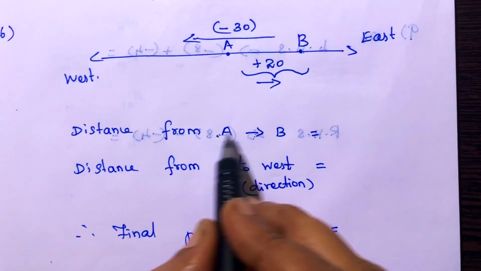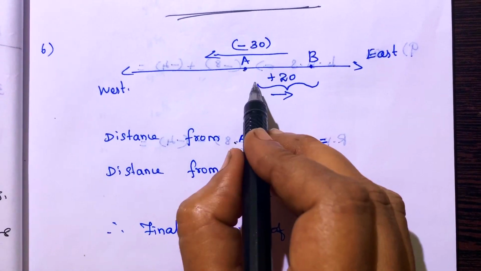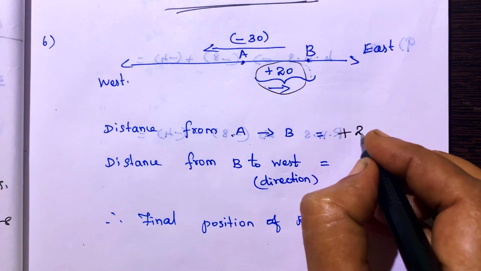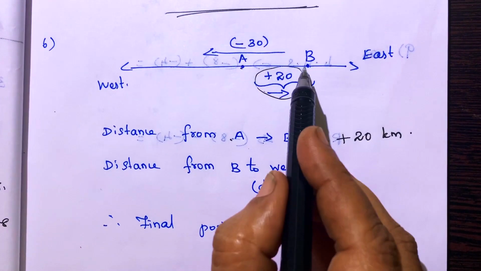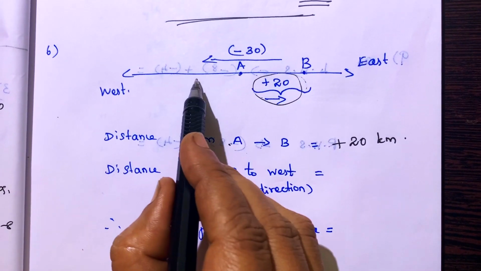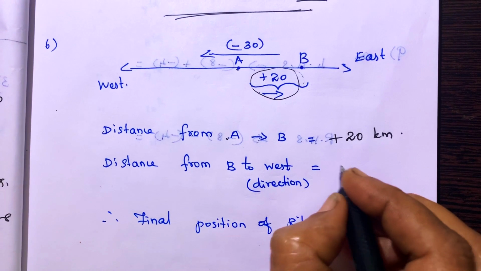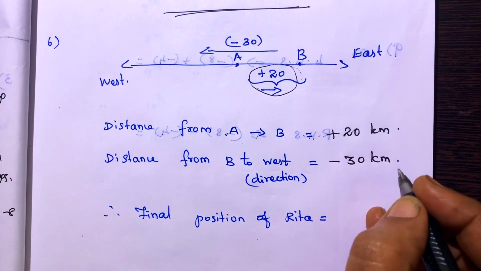The distance from A to B is a positive integer, marked here already. So plus 20 kilometer, right? The distance from B, moving backward on the same road, that is towards the west side, is represented by a negative integer, minus 30 kilometer.